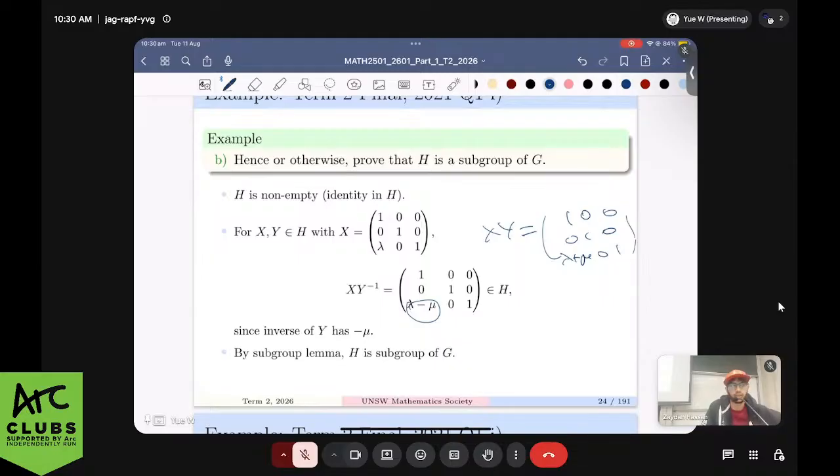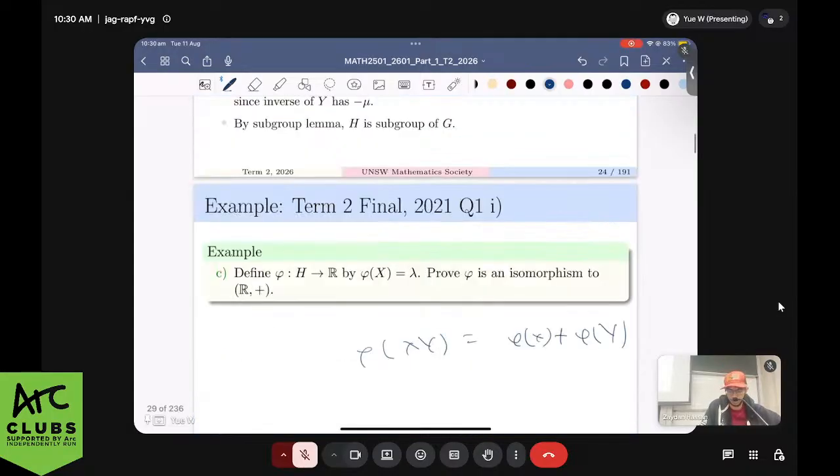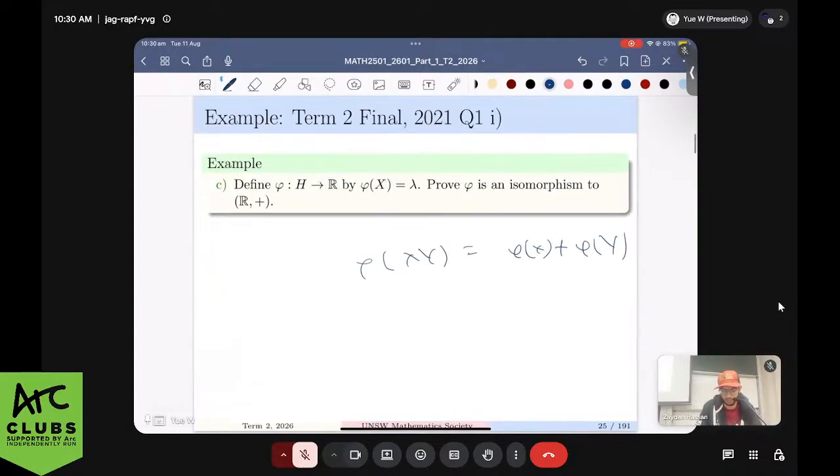The reason is here we used y inverse, and y inverse had a minus mu in the bottom. But yeah, so here you can see the bottom left entry. You can even calculate it yourself. It will be lambda plus mu, which is the bottom entry of x plus the bottom entry of y. So you do have this property, phi of xy equals phi of x plus phi of y.